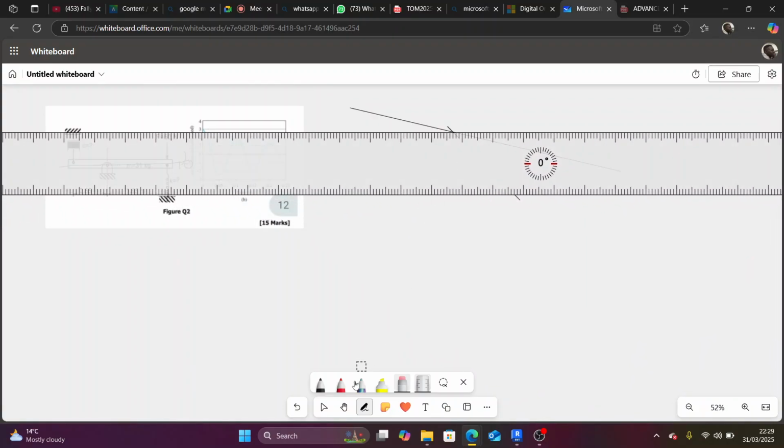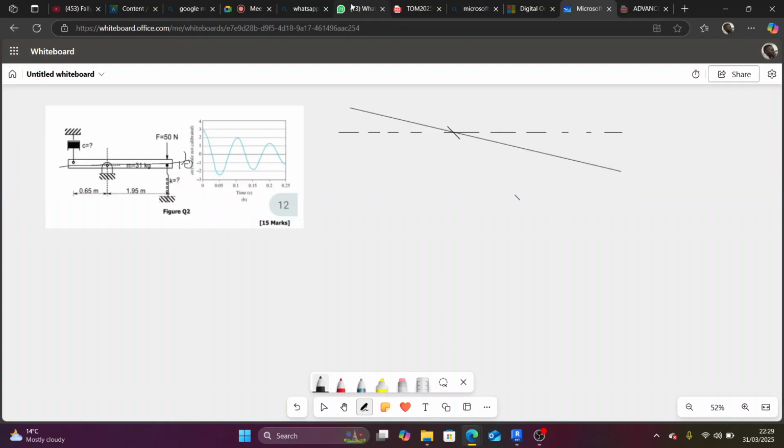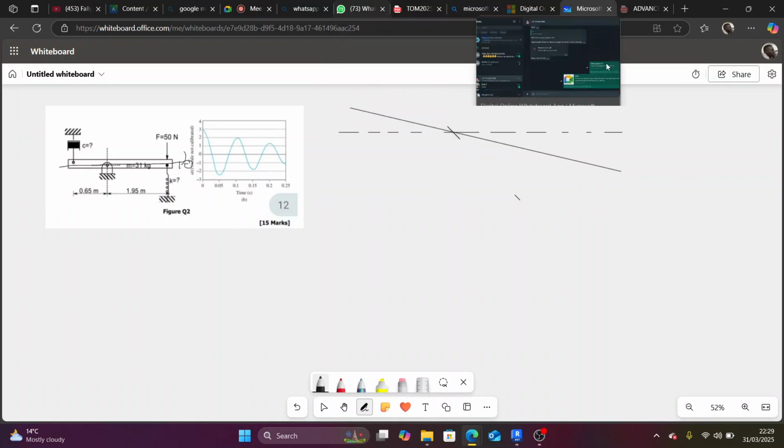I can move it here. Take my ruler. This is nice. Ooh, this thing is making my night. Yeah, I think I need that too also.